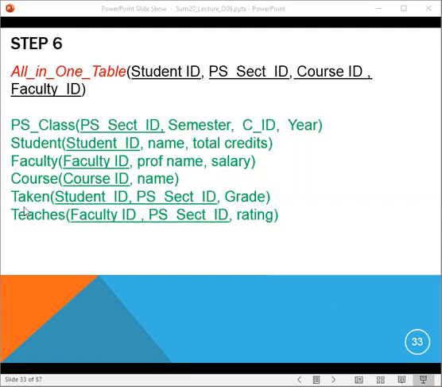But we, in fact, now have satisfied all the functional dependencies against that all-in-one table. And we have a set of tables: class or course, student, faculty, course name. This is section up here, PS class, section, student, faculty, course, takes, and teaches.